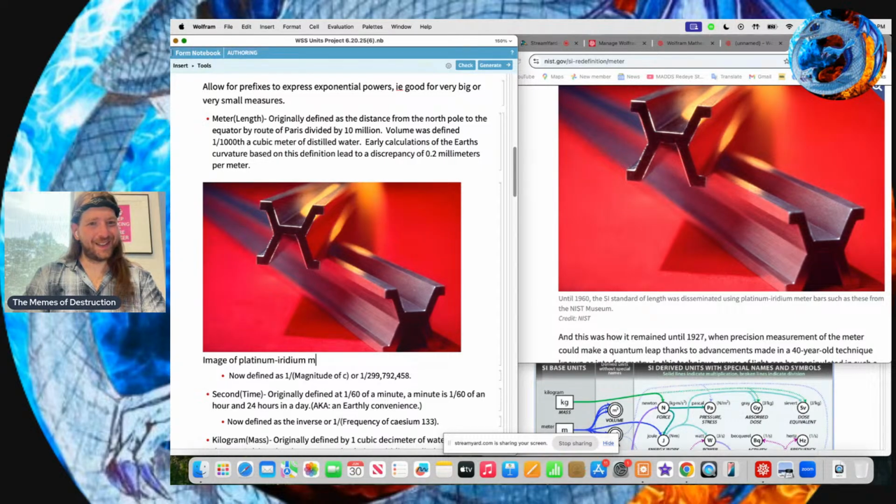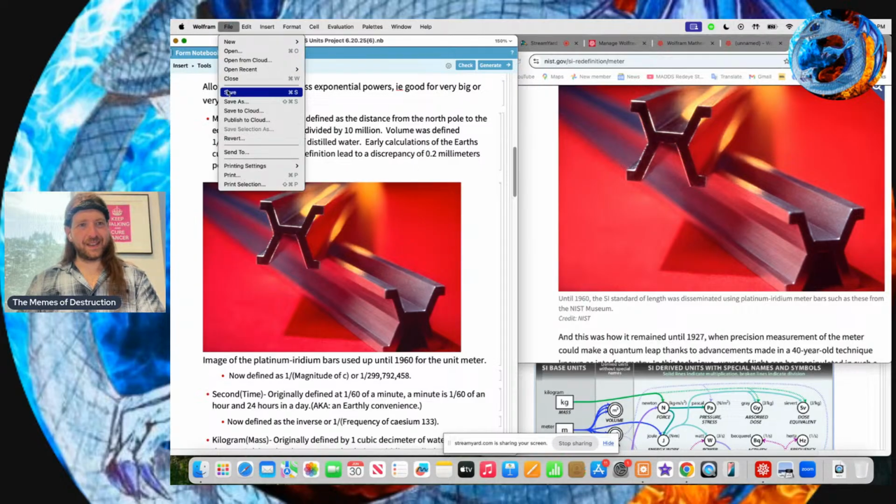Of the platinum iridium bars used up until 1960 for the unit meter. Okay. I'll save.